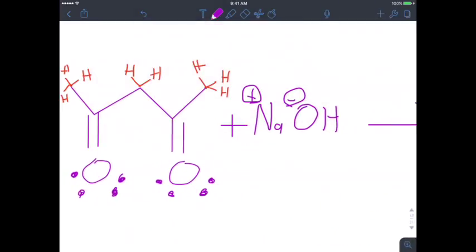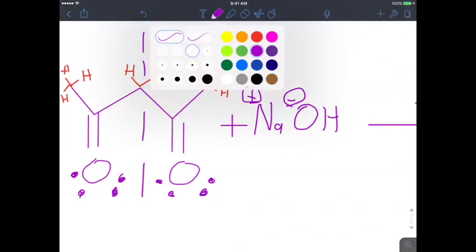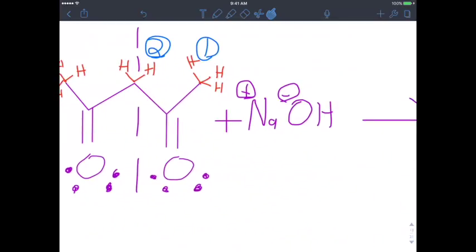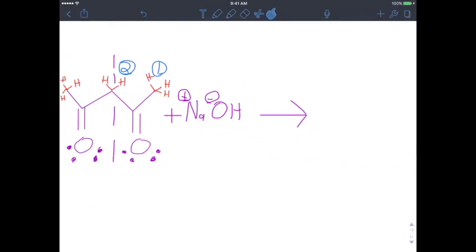Let me draw that axis of symmetry with the dashed line. So we really only have 2 types of hydrogen. We have type 1 over here at an end and type 2 in the center. So really we only have 2 options for which one of these hydrogens is going to react.